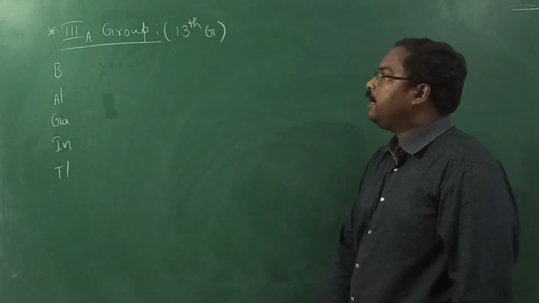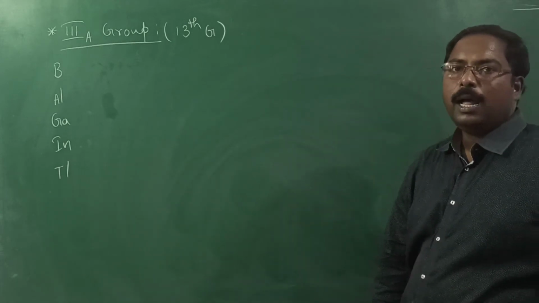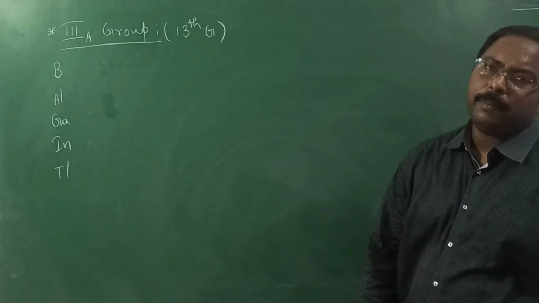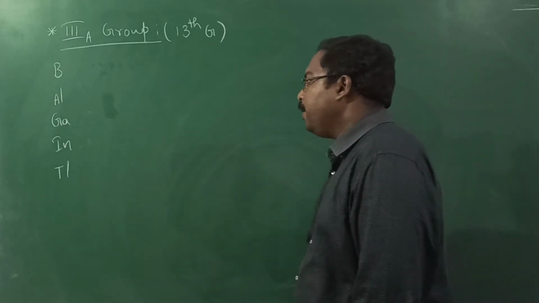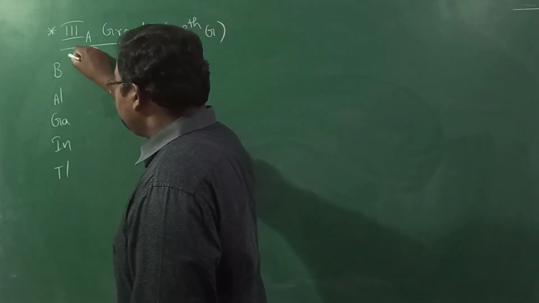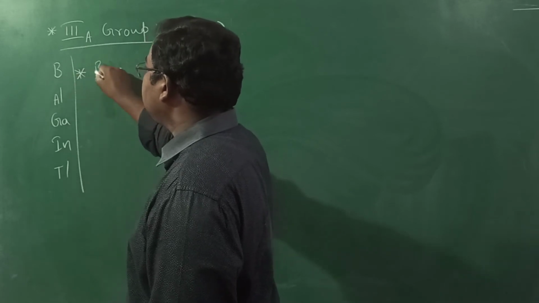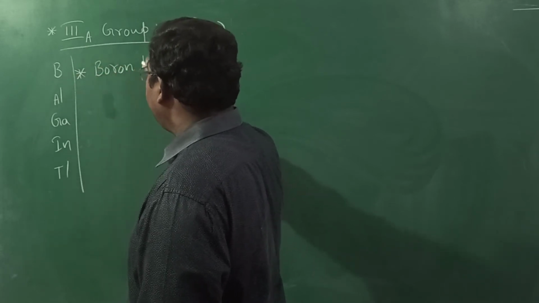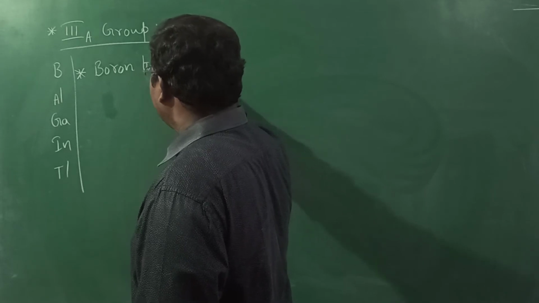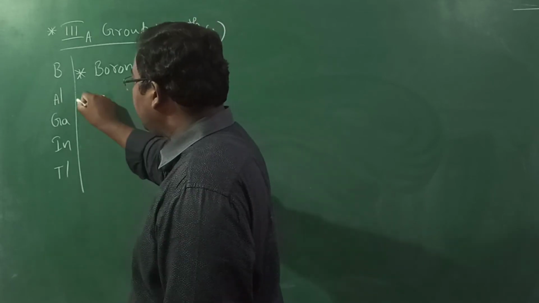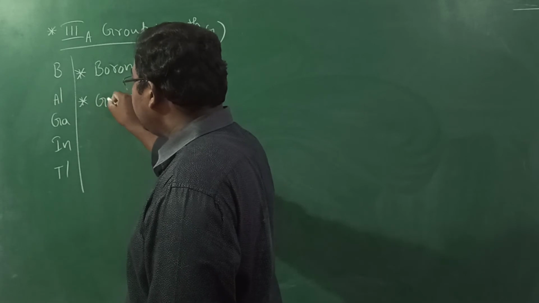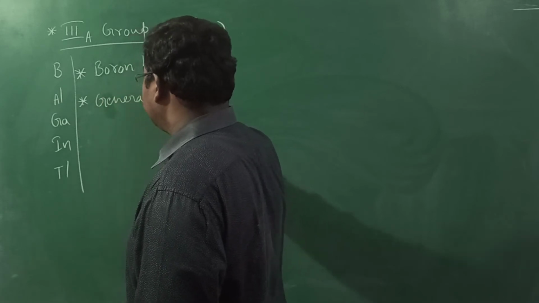The 13th group elements are boron, aluminium, gallium, indium and thallium. Commonly this is known as the boron family. Now first focus on the general electronic configuration.